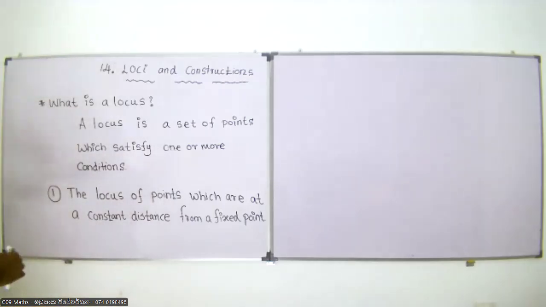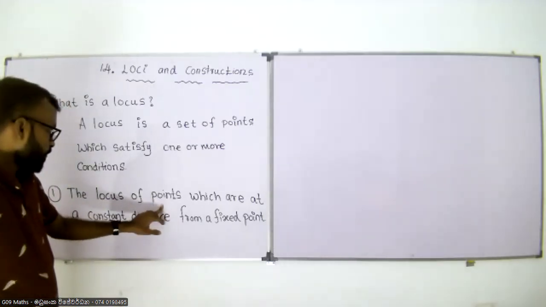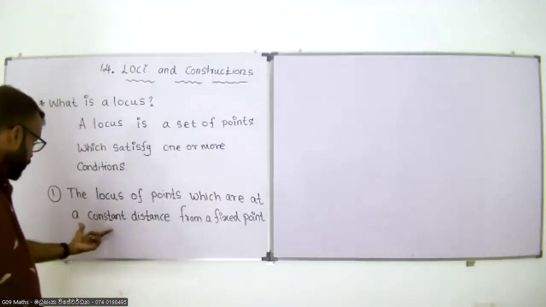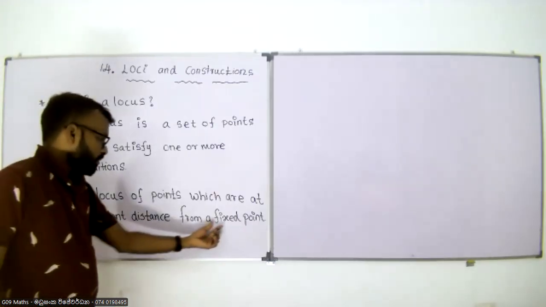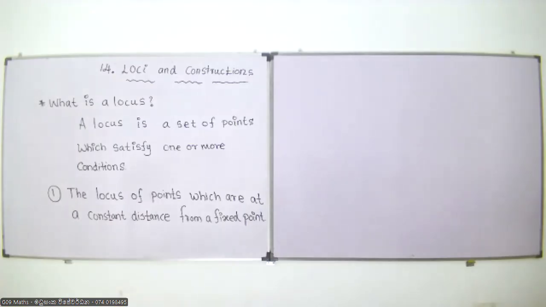The first locus that we are going to deal with is the locus of points which are at a constant distance from a fixed point. So first of all, I will discuss this one.